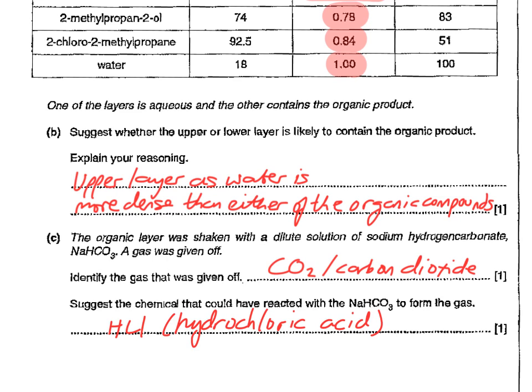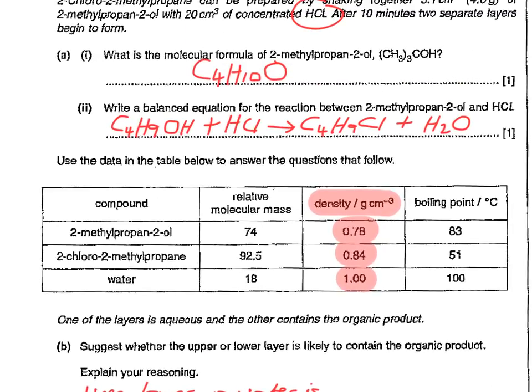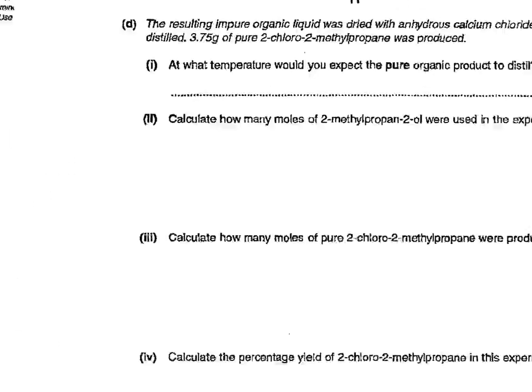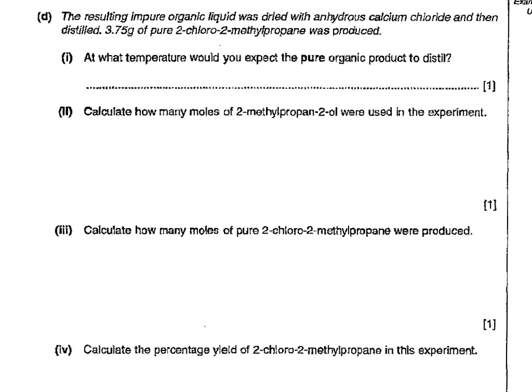So let's go on to the next part of the question. We've got to move back up to the top and shift it over a little bit like that. So the resulting impure organic liquid was dried with anhydrous calcium chloride and then distilled, and 3.75 grams of pure 2-chloro-2-methylpropane was produced.